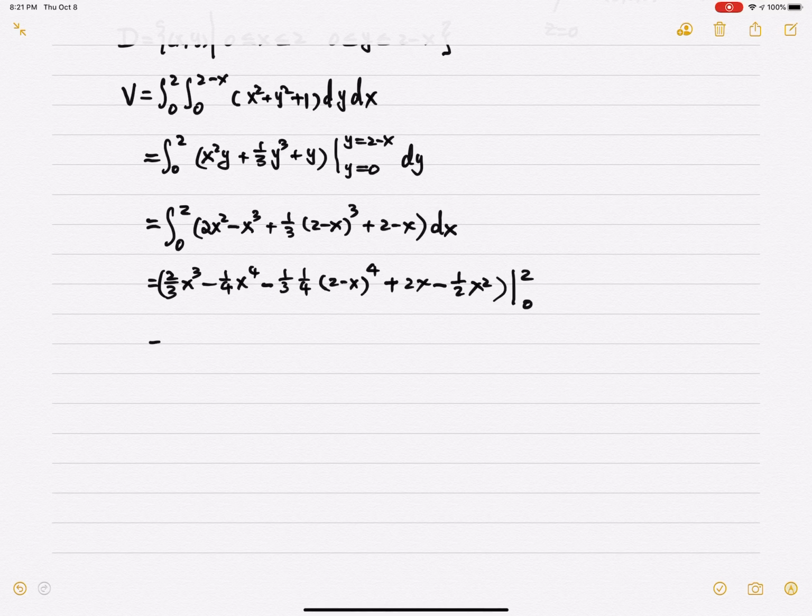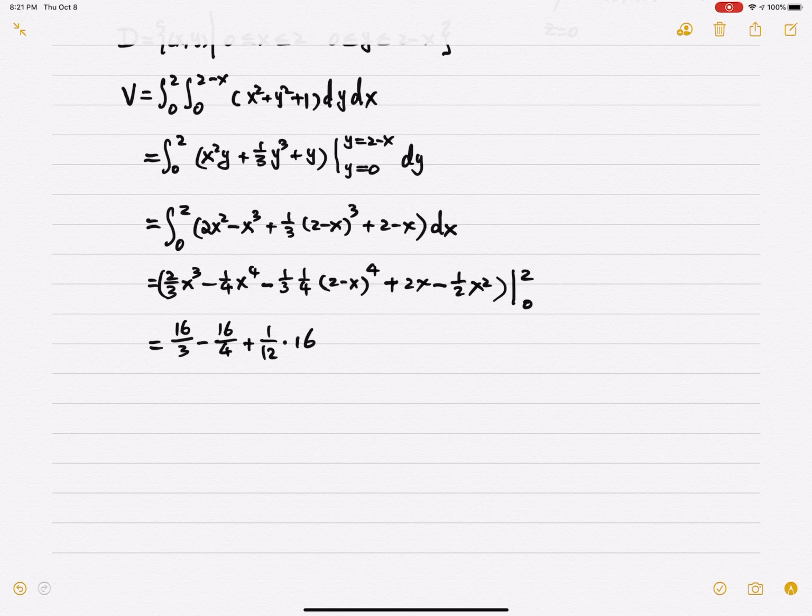So when you plug in 2, 2 to the third is 8, so 16/3 minus 16/4 minus 1/12 times 0. Okay, when you plug in 2 minus x, that's 0. Minus, when you plug in 0, that's negative, positive, times 16.